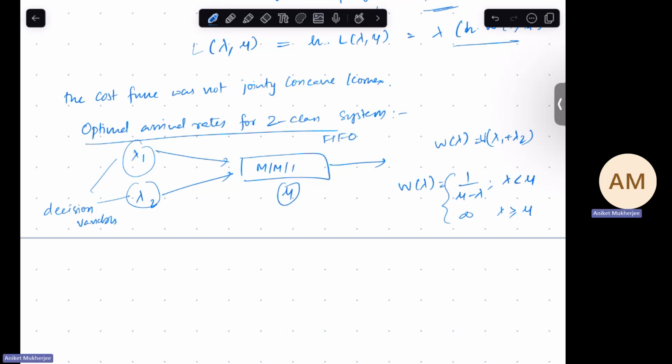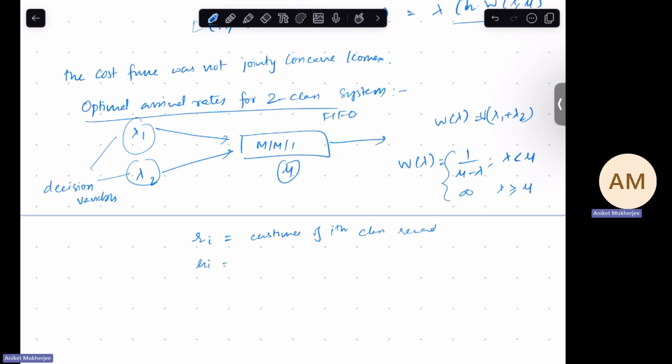And in the reward cost function model that we have, Ri is the reward for a customer of the ith class, and Hi is the waiting cost of an ith class customer paid by the system.